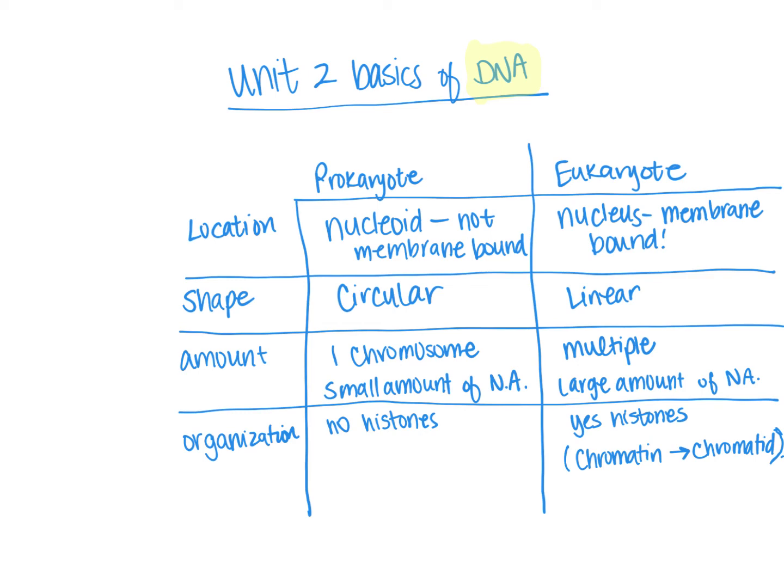Now, prokaryotes do have some proteins that help with coiling, but they are not histones. They're just kind of an archaic form of a protein, and it doesn't coil the DNA to the extent that you see in eukaryotic cells.